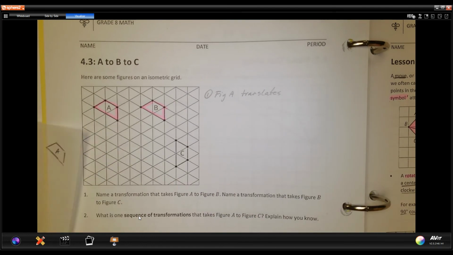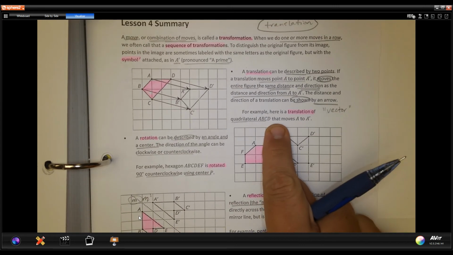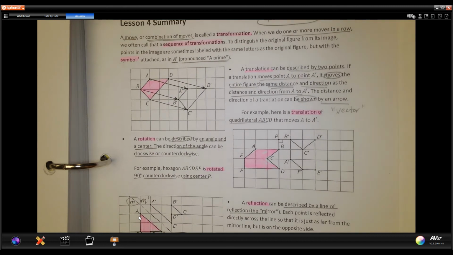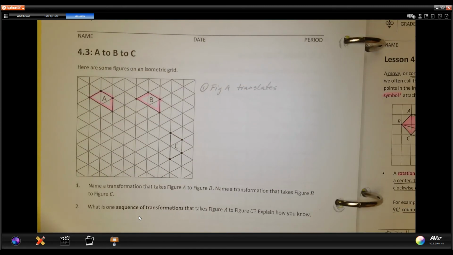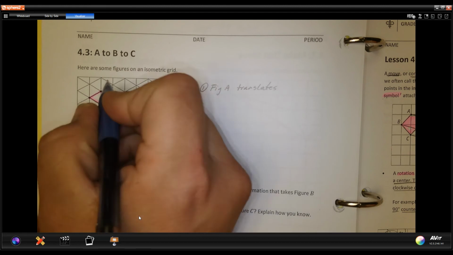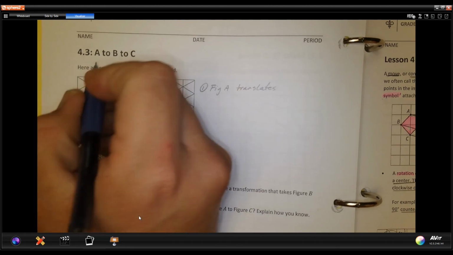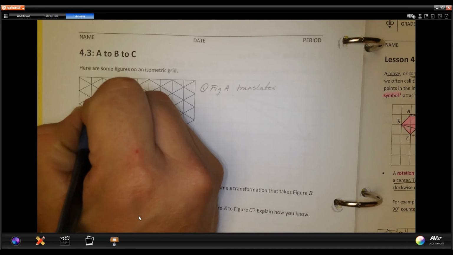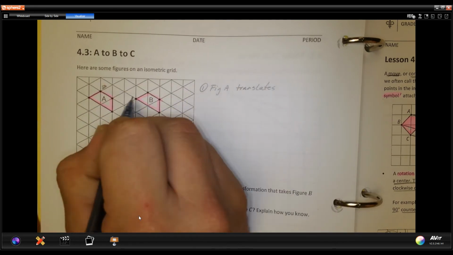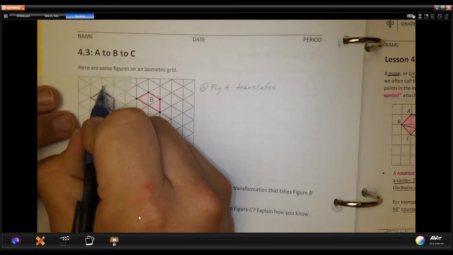Now see, we talked about how you had to have a couple of points. Over here we see, here is a translation of quadrilateral ABC that moves A to A prime. It will be helpful for us to add in a couple of labels. So let's go ahead and call this one, since we already have A, B, and C, let's call this one point D. And we'll just call the corresponding point, as you see it right here, this is point D now.